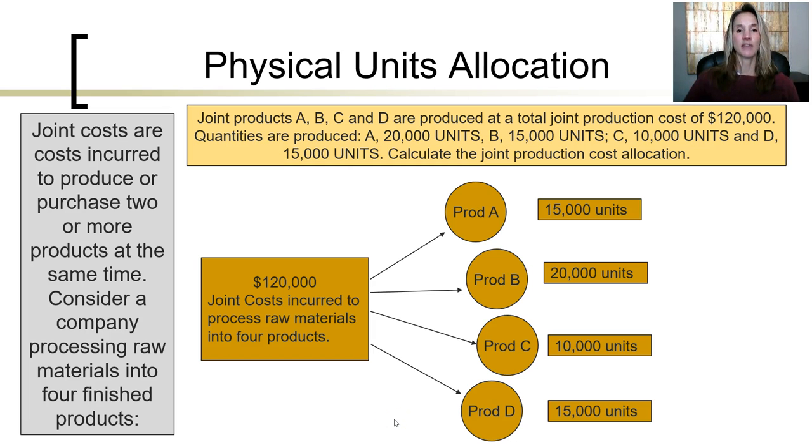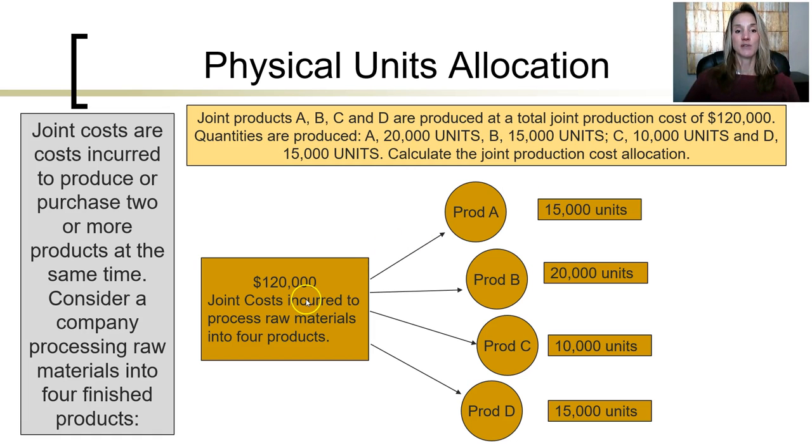So let's take a look at the physical units method of allocating joint costs. Recall that joint costs are costs that are incurred to produce or purchase two or more products at the same time. So consider a company that is purchasing raw materials and processing them into four finished products. Joint products A, B, C, and D are produced at a total joint production cost of $120,000.